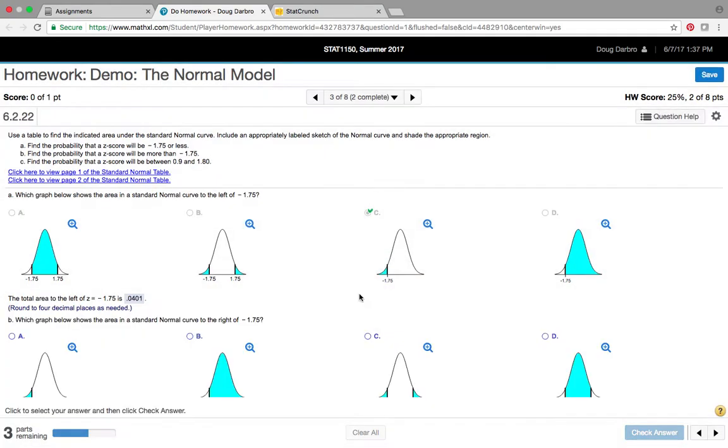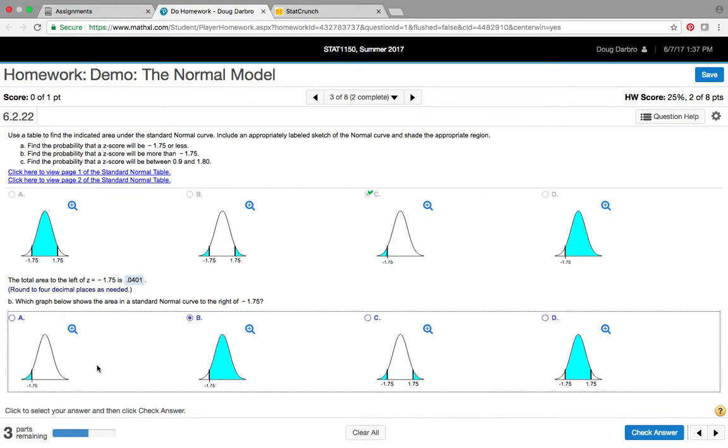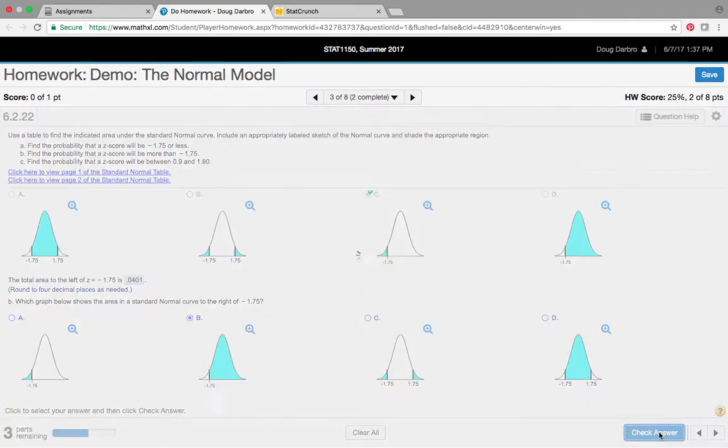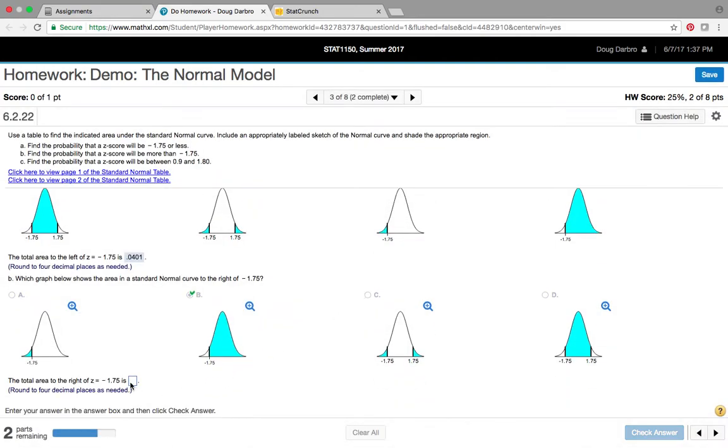All right, cool. Which graph below is the area to the right of negative 1.75? Well, guys, that's obviously going to be up here. If we look at this, it's going to be to the right of that, so clearly it has to be B. And it says find the area to the right.